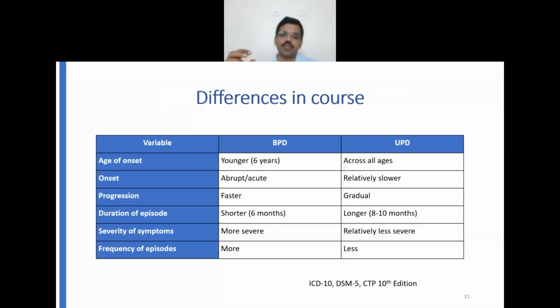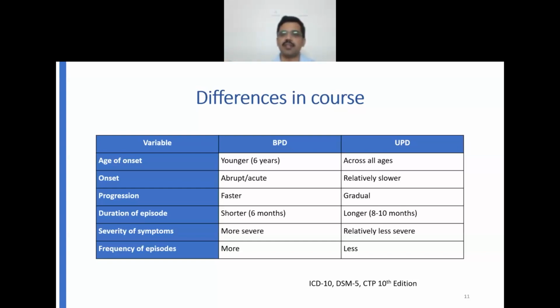So now let us go to the differences in the course between bipolar depression and unipolar depression. If we remember the first slide, let us go through different variables and make a comparison. These next three slides are going to be very important in context to the theme of my presentation.